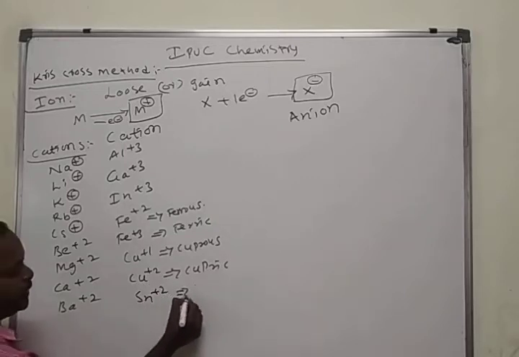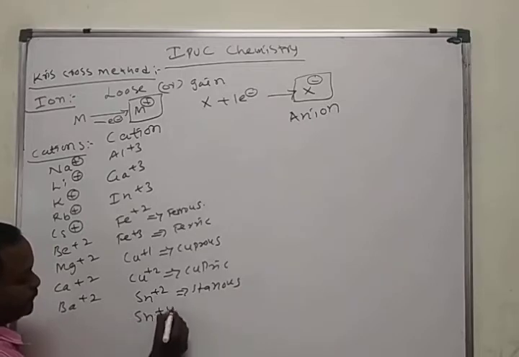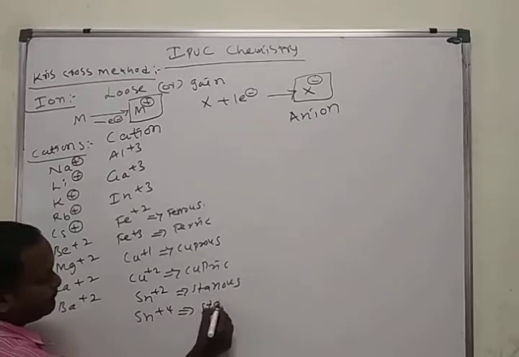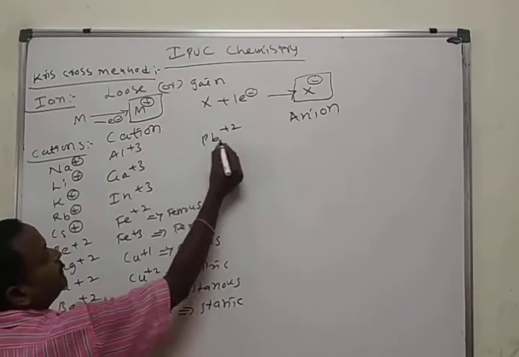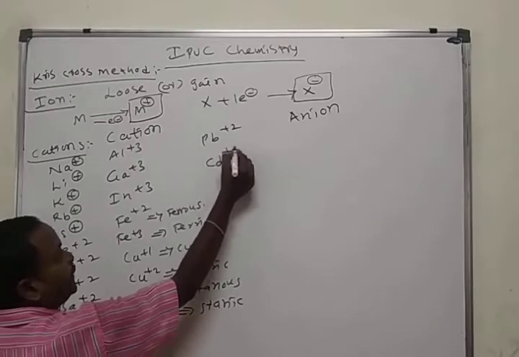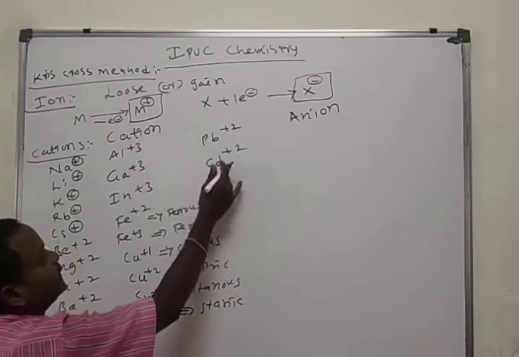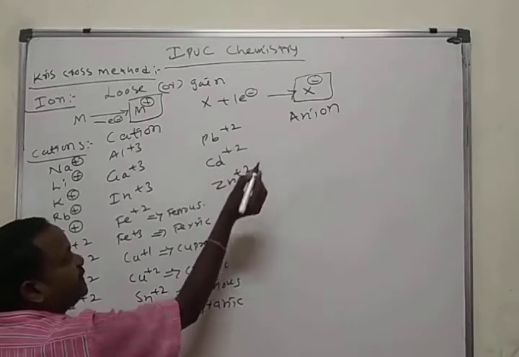Sn plus 2 we call stannous. Sn plus 4 we call stannic. Pb plus 2 is there, and Cd plus 2, cadmium ion, is there, and zinc plus 2 ion is there.